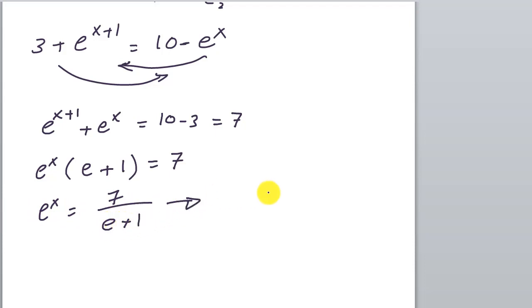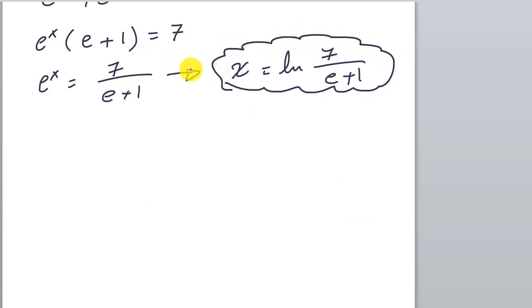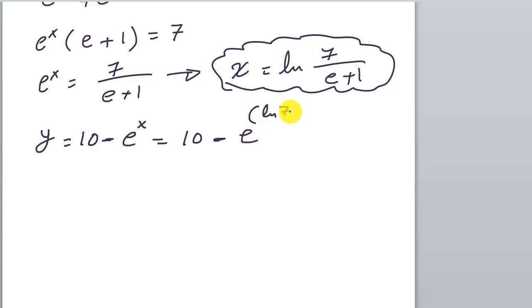Let us take ln both sides. So x will equal to ln(7 divided by (e plus 1)). Now this is the x coordinate of R. To find the y coordinate, y equal to 10 minus e^x, so it's equal to 10 minus e^(ln(7 divided by (e plus 1))).